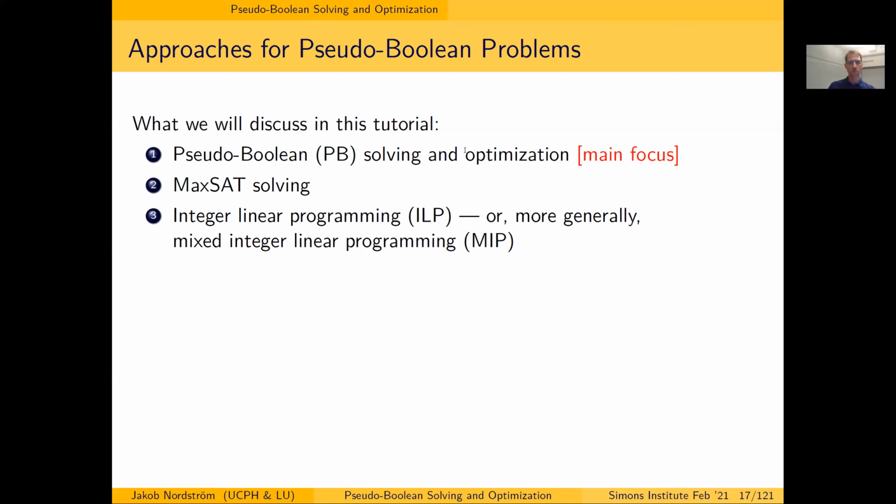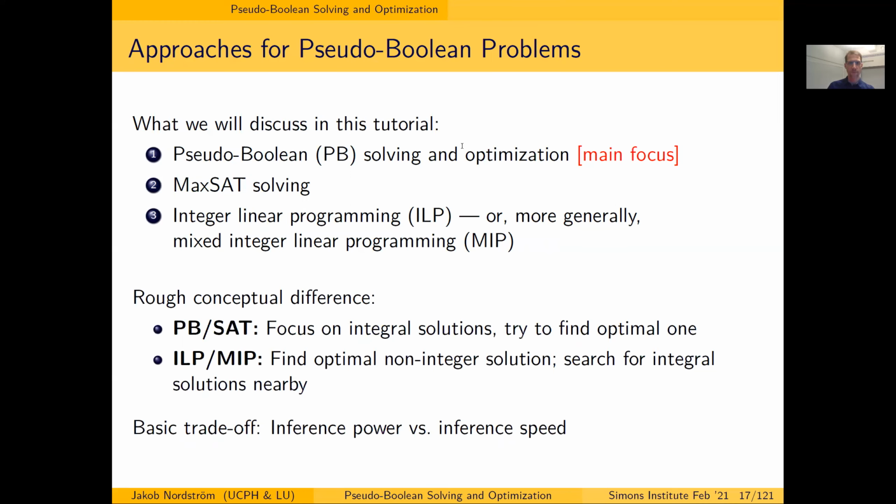This is what most of the tutorial will be about. Then we'll also talk about the very closely related topic of max SAT solving. And then in the final part of the tutorial, we'll talk about integer linear programming, or more generally, mixed integer linear programming, or MIP.